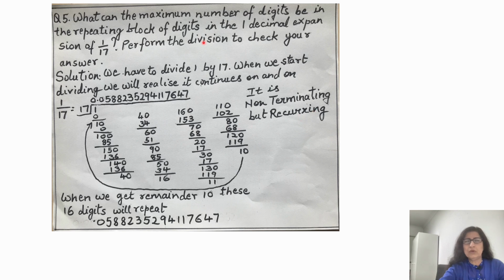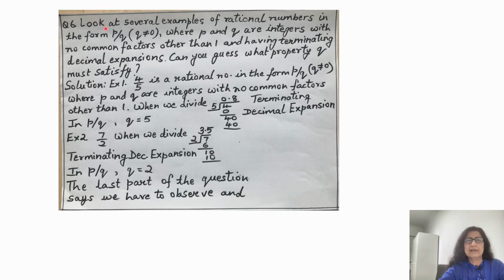And as is asked in the question, after how many digits are the numbers being repeated? We observe that after 16 digits, these numbers will be repeated. When we get remainder 10, these 16 digits will repeat: 0.0588235294117647.